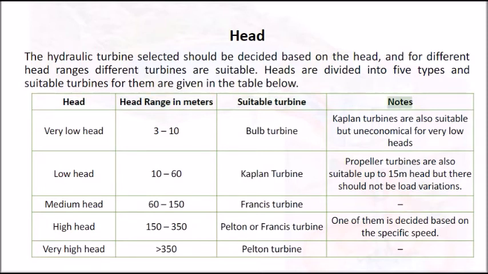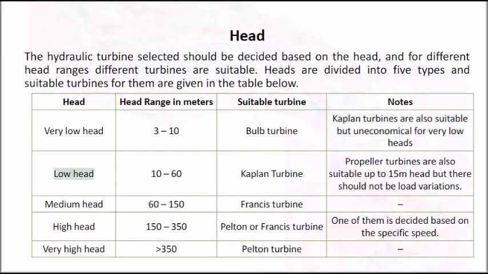Very low head, 3 to 10 meters, bulb turbine. Kaplan turbines are also suitable but uneconomical for very low heads.